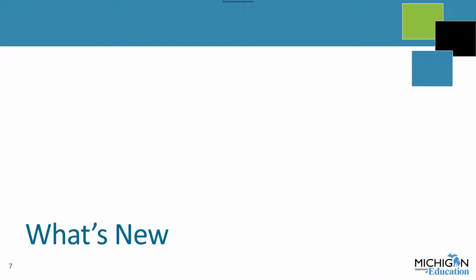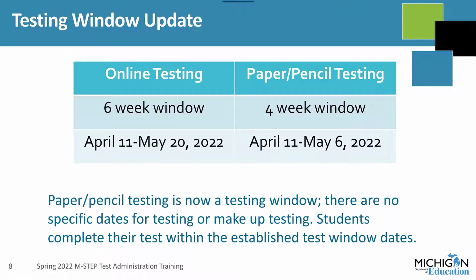Next, we're going to review what's new in M-STEP test administration. Testing windows have been updated for spring 2022 testing. The online test window is now 6 weeks. This is 1 week shorter than prior years and is intended to decrease the overall testing imprint in schools.